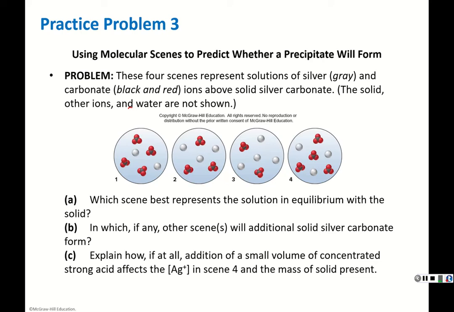Which scene best represents the solution in equilibrium with the solid? In which, if any, other scenes will additional solid silver carbonate form? And explain how, if at all, addition of a small volume of concentrated strong acid affects the concentration of silver plus in solution in scene 4 and the mass of solid present.